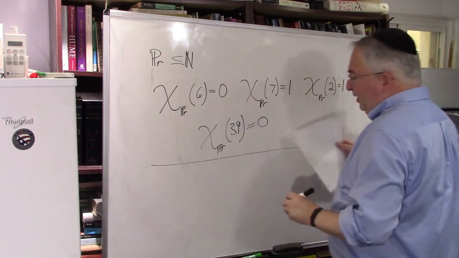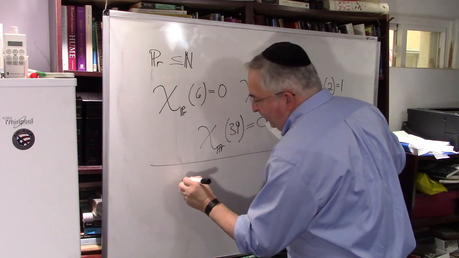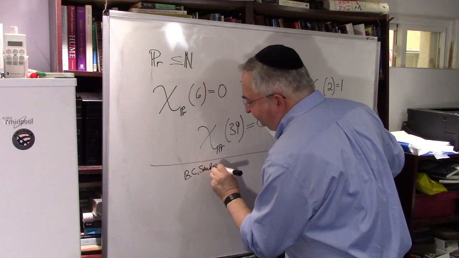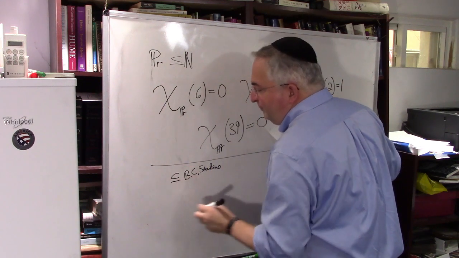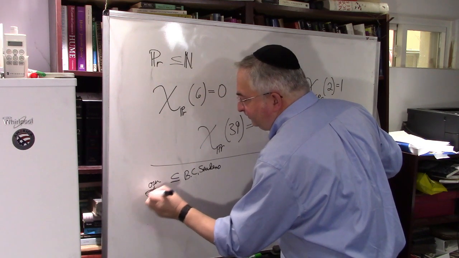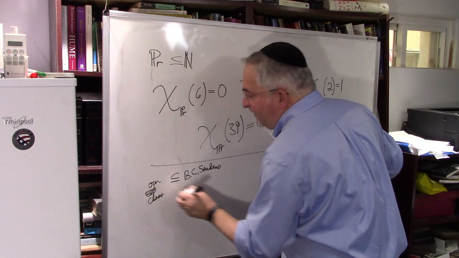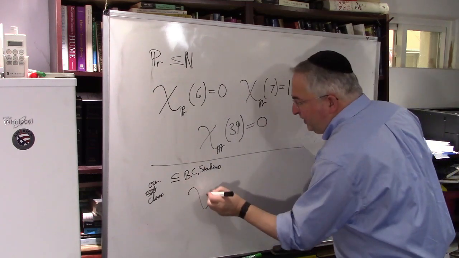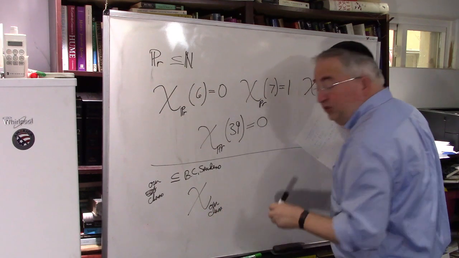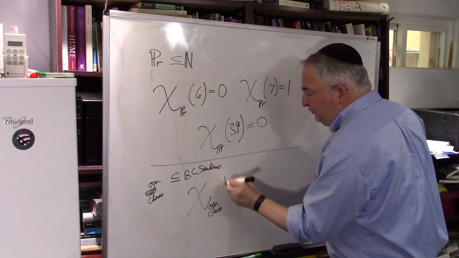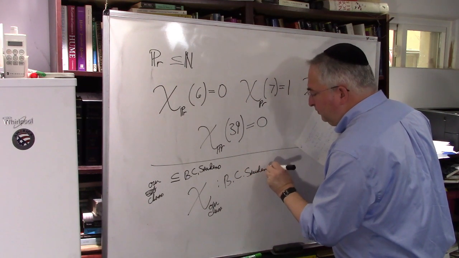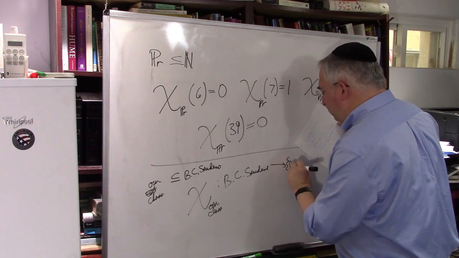Okay, let's do another one. Think of the set of Brooklyn College students, and we have the subset of that of our class. Now you want to characterize our class. You're making from a subset into a function, and it goes from BC students to the set 0, 1.